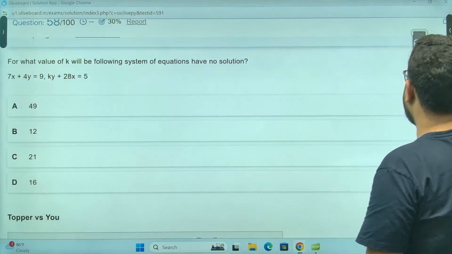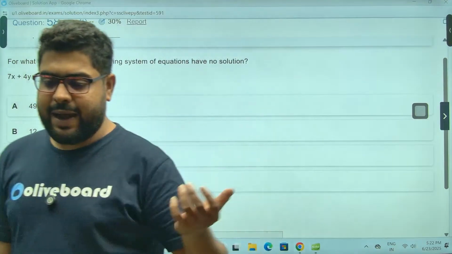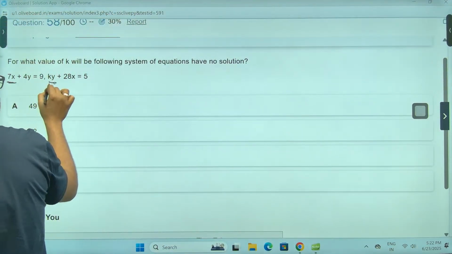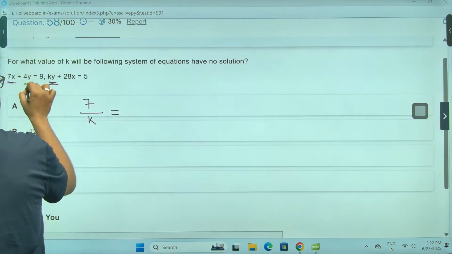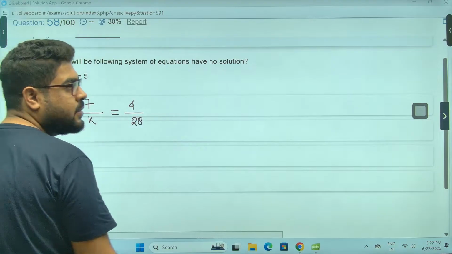Sir, when does a system of two linear equations not have any solution? When they are parallel. Parallel means slope same. Slope same means the ratio of the coefficients of x should be equal to the ratio of the coefficients of y. Why?